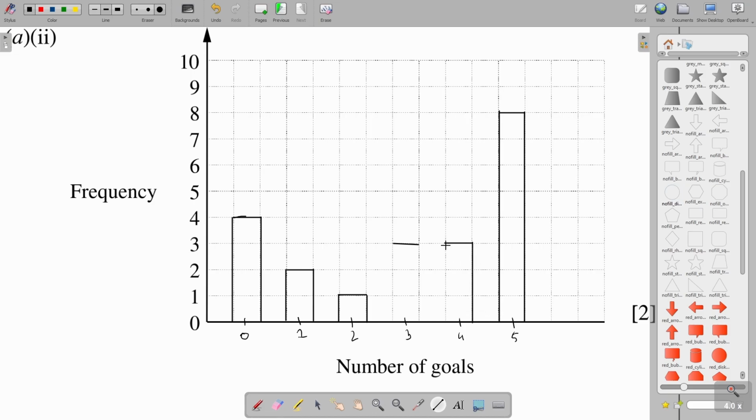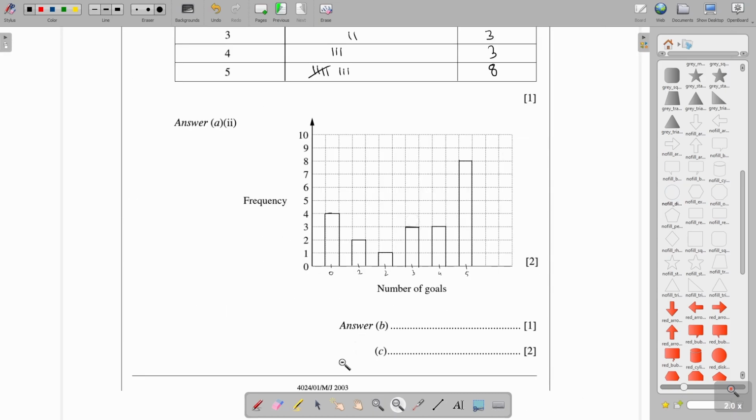We'll do that, and that line, and that line. My line for 3 is crooked, but let me just correct that. 3, 3, and 8, and that is our bar chart.